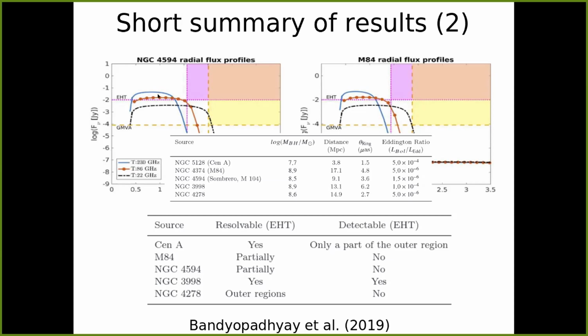Here it's harder with the EHT, so the source basically would not be resolved, even though the fluxes might be above the minimum for detection. And similar with M84, there would be a resolution problem. But clearly, if we improve this with the ng-EHT, then it's quite likely that these sources could be resolved in the future and that we would be able to get a detection.